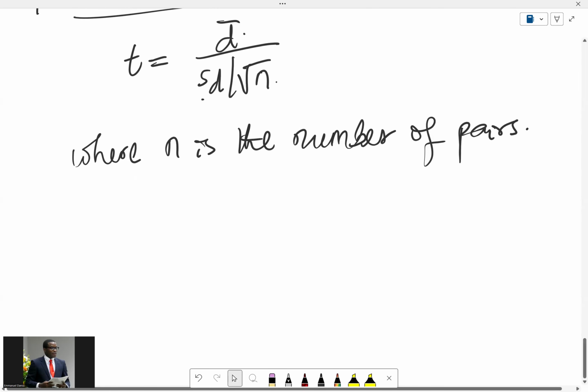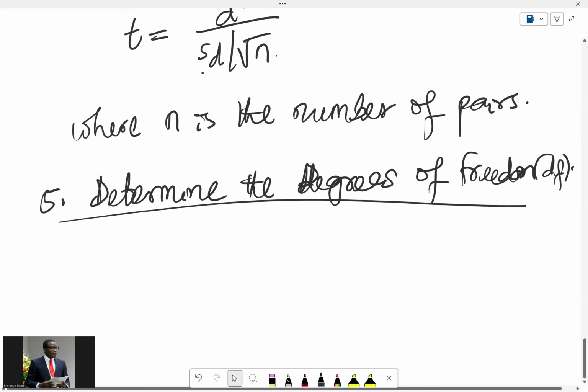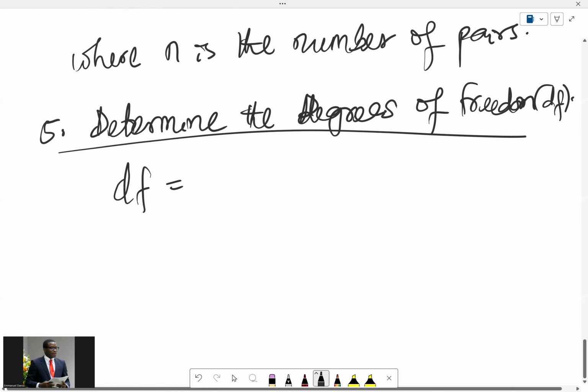Then we talk about number 5. Number 5 is to determine the degrees of freedom. That is df, so in that case, df equals n minus 1.